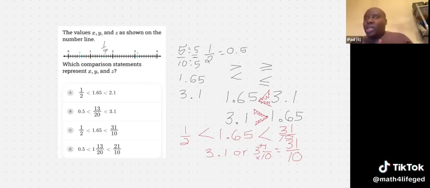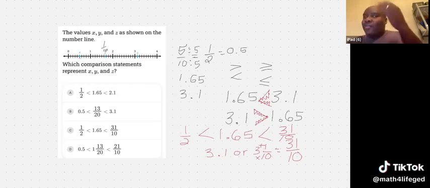All right, quick review. We looked at the number line. We saw that from 0 to 1, it is divided into tenths. So we got 1/10, 2/10, 3/10, 4/10, and then 5/10, which is half.